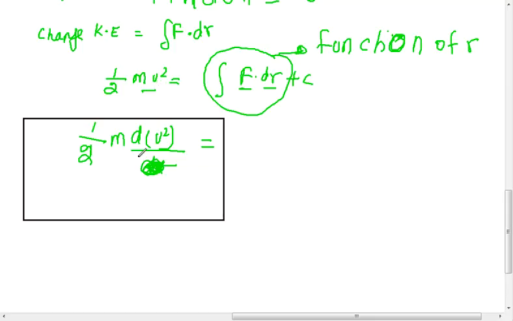Let me write down dv by dr. I should do d(v square) by dr, and this should be equal to F. So I can write m v dv by dr is equal to F.